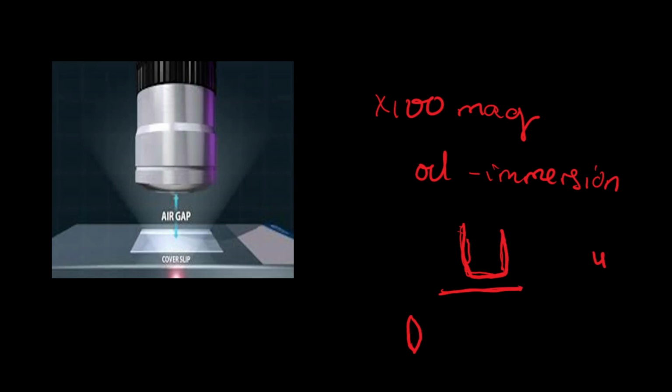So object distance affects image distance and in turn affects magnification. Okay, however, all of this is made possible by refraction. Okay, so we have a lens and we have the object distance u. It produces an image and the image is magnified.